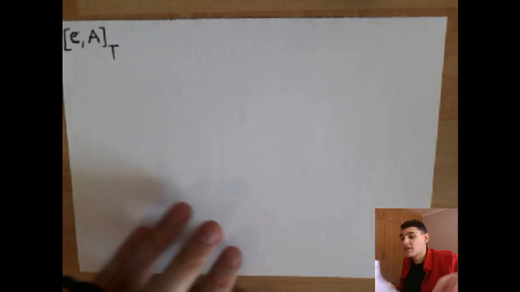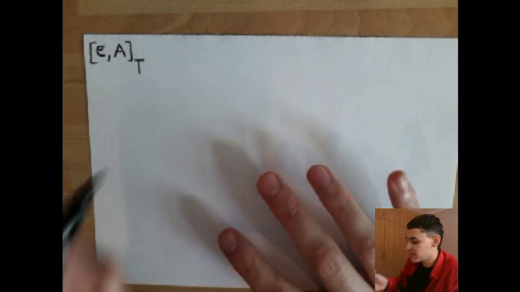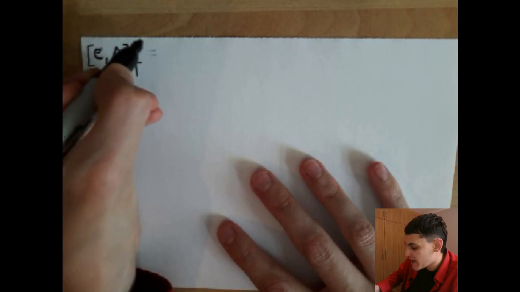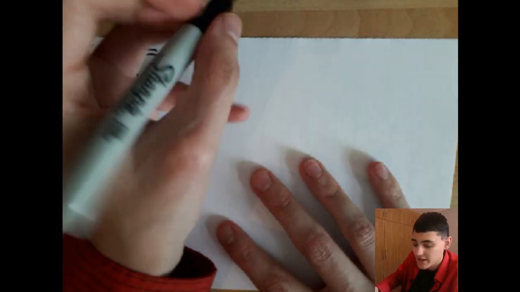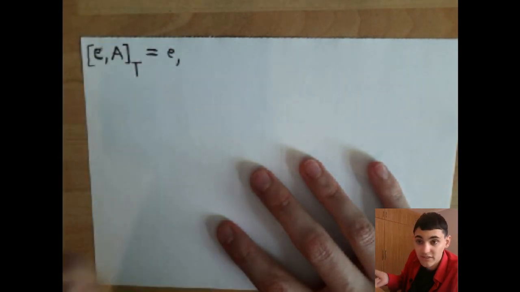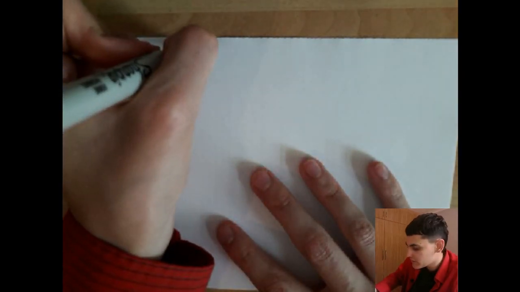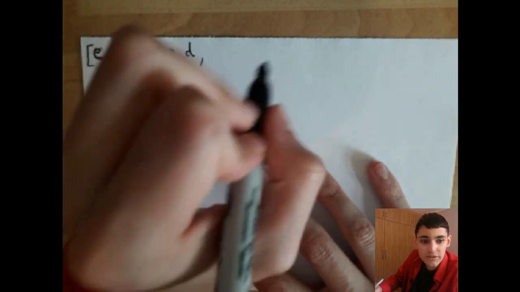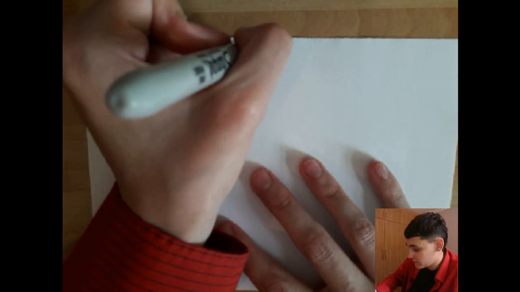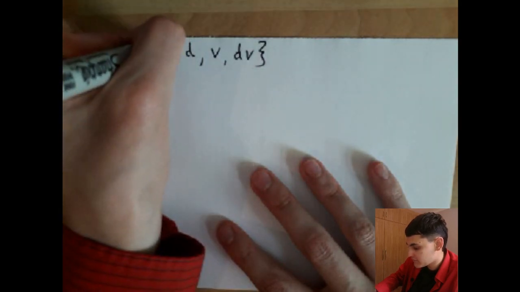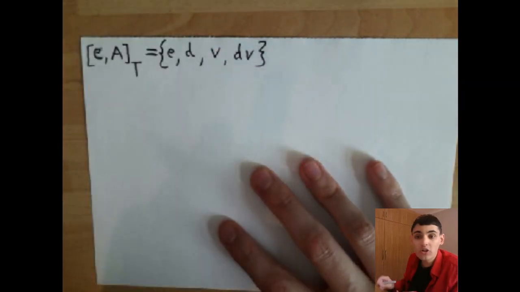But what that means is that this interval, E to A, actually only consists of the identity, D, V, and DV.